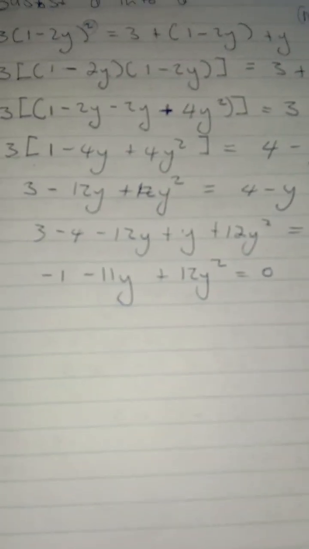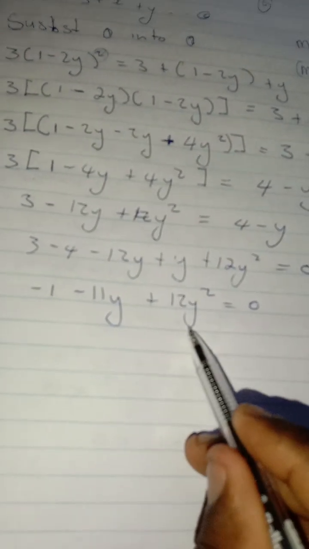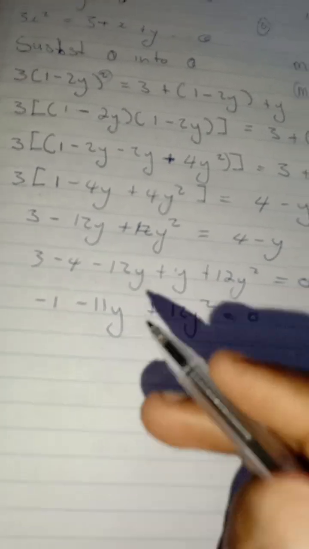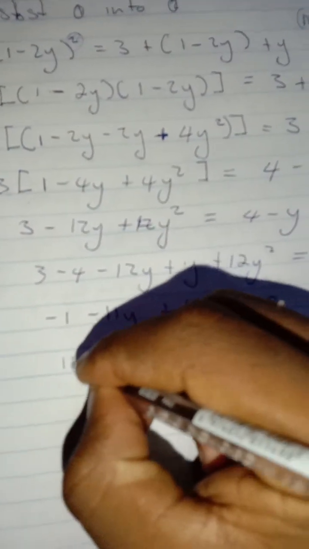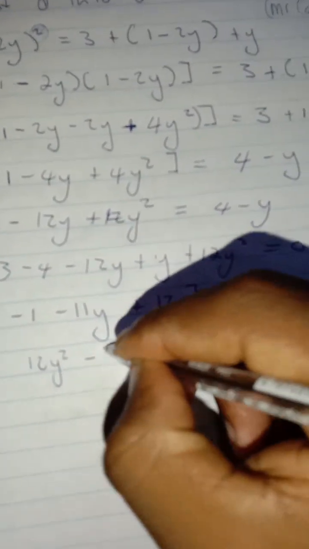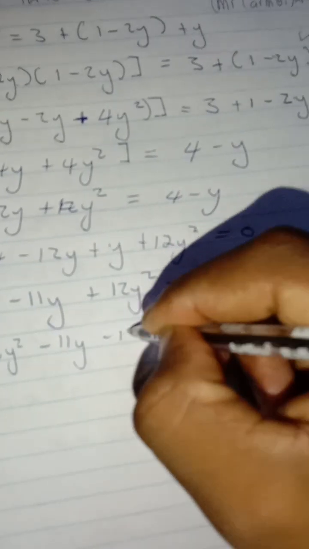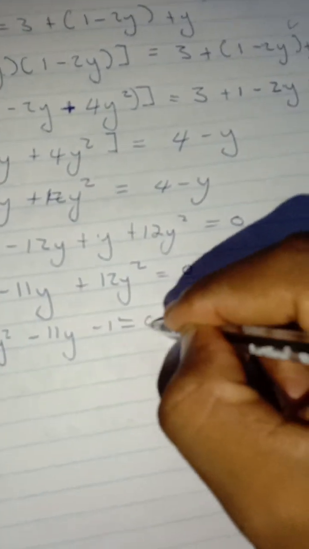And then now what you need is to rearrange things. It's just a matter of rearranging things. We know this is A, this is B, this is C, so it's gonna be positive 12y squared minus 11y minus 1 is equals to 0.